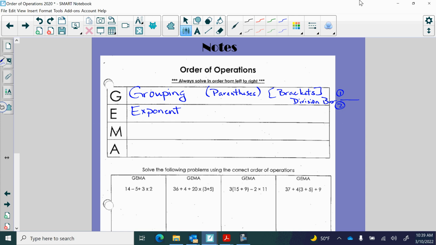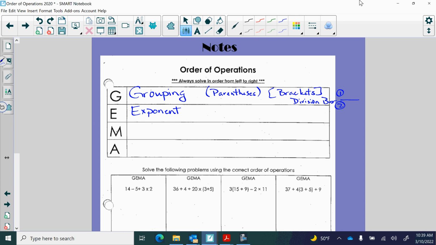Now, we have just one letter for the M. What do you think the M stands for? I'll give you a hint. What did Aunt Sally tell us to do?